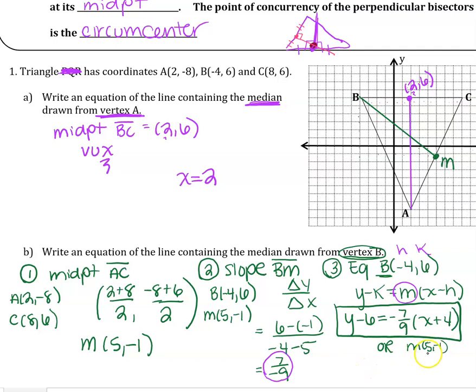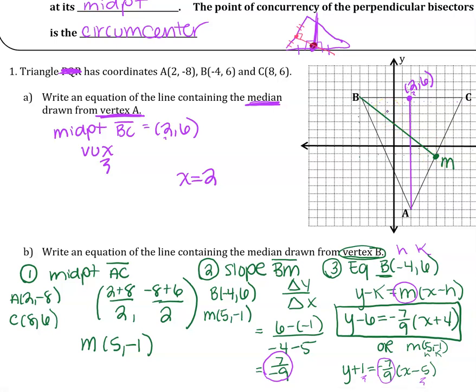So if that's h and that's k, this would be y plus 1 equals -7/9 times x minus 5. So you see that I just have a different point plugged in here, which is (5, -1), but the slope is the same. And that's because those are 2 points on the same line. So technically either one of those is acceptable.